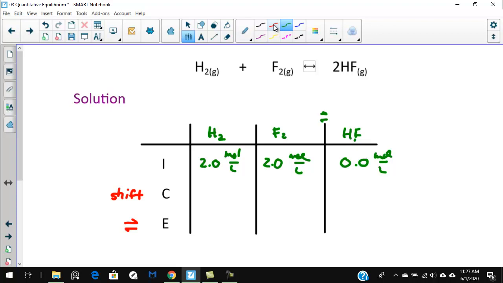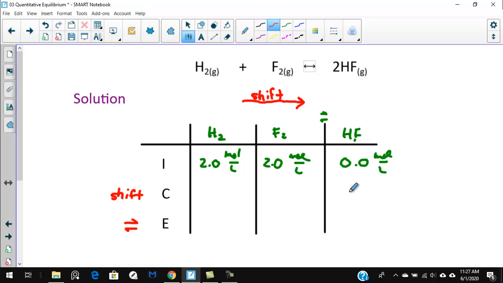Well, we know then that the shift that it underwent, it shifted in this direction because all we had was reactants. So the equilibrium would have to shift toward the products to eventually come to a balance point. So we know we had a shift in the forward direction. And then some kind of change happened here.